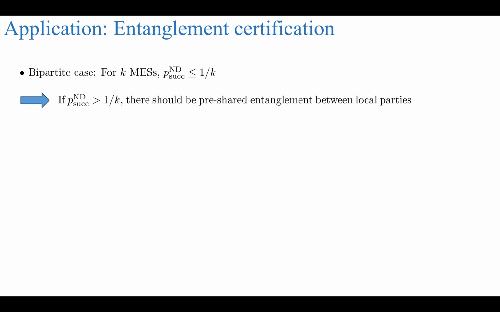If we perform non-destructive state discrimination with K maximally entangled states, and the success probability of our test is bigger than 1/K, then there must be pre-shared entanglement between the local parties, for example, entanglement in a quantum network.